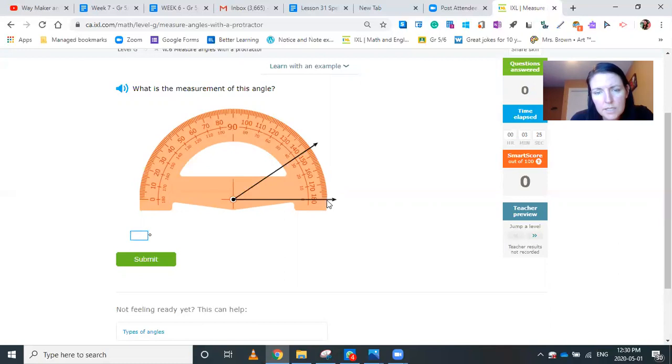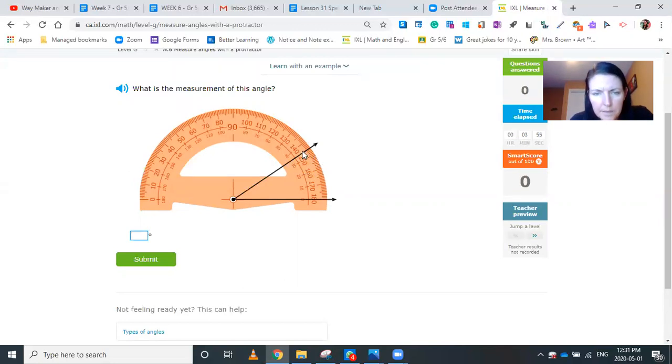Don't worry about the numbers, just the lines, right? You can see there's a long line for every 10, and there's a medium line for every 5, and then short lines indicate little ones, like your millimeters and centimeters on your ruler. All right, exactly the same. So at that long line, if you go through to the second set of numbers on the inside, that is 10. Then a long line, that's 20. A long line, that's 30.